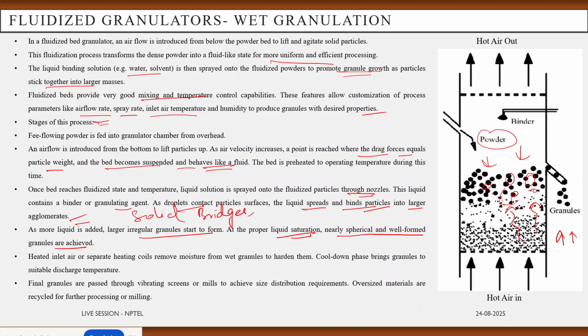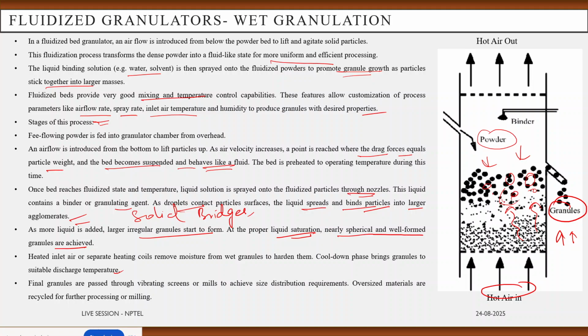Here the heated inlet air is introduced, and separate heating coils remove the moisture from the wet granules to make them more hardened, and the cooling phase brings the granules to a suitable discharge temperature. So hot air in, hot air out, and other cooling methods happen to make the product discharged at a suitable temperature to handle.